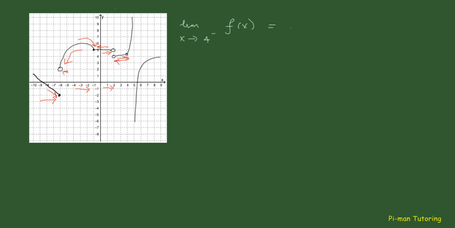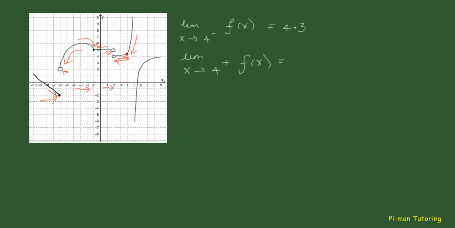So we can say the limit is 4.3. Similarly, if we come from the other direction, the limit as x tends to 4 from the positive direction of f of x. Well, here we're coming down the curve in this direction, and once again, the value is getting closer and closer to that hole at 4.3.